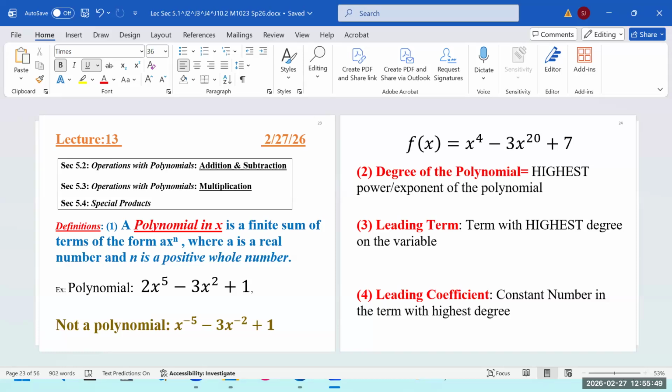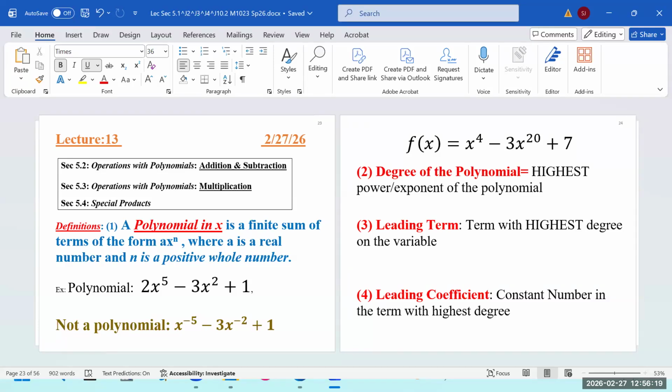What is that? The power or the exponent on a variable, all the powers have to be whole number positive, means not integers, natural numbers. If your variable has only whole number positive powers and you don't have any variable on the denominator, then it's a polynomial.